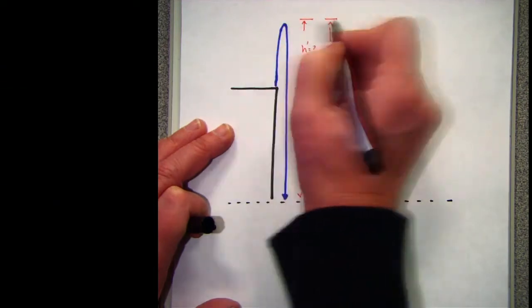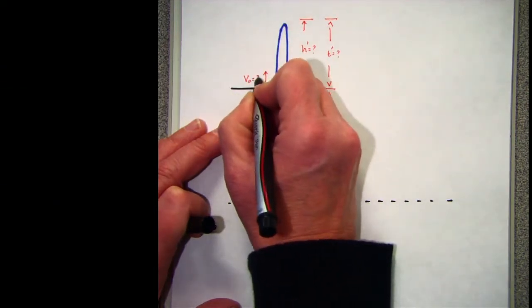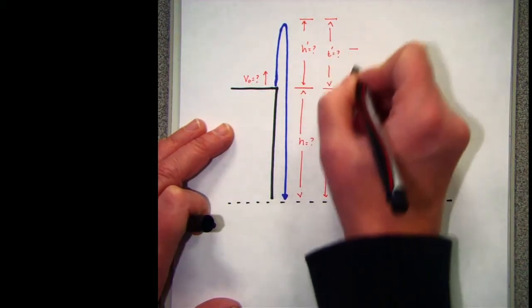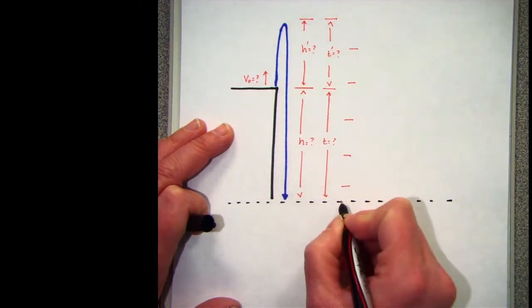You may be given this height and asked for this velocity. You may be asked for the velocity at any given point on the downward piece.